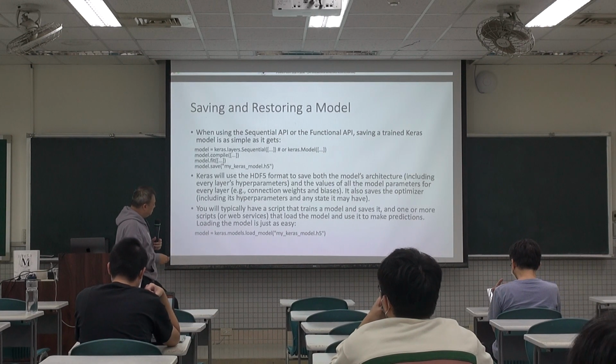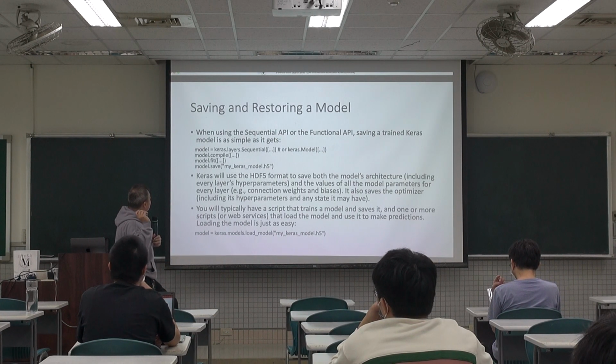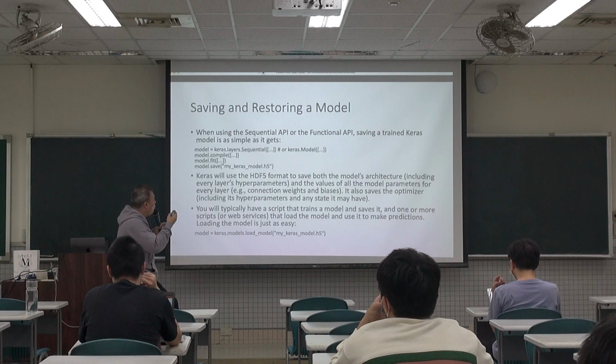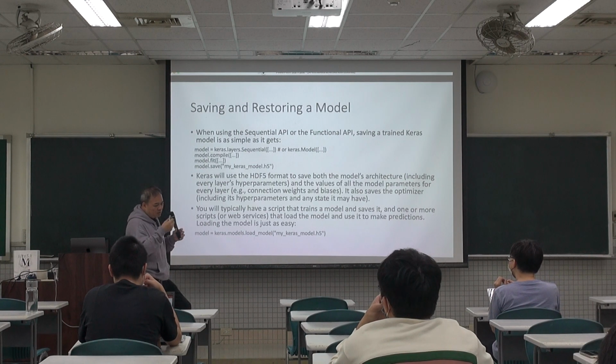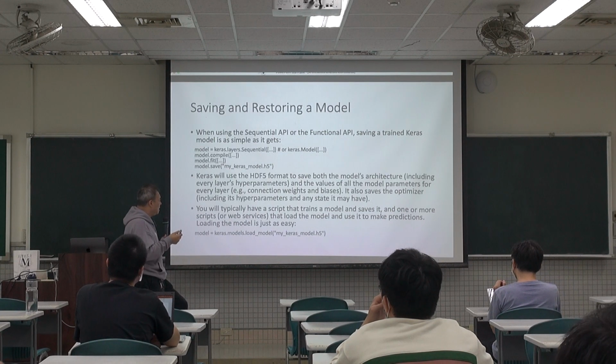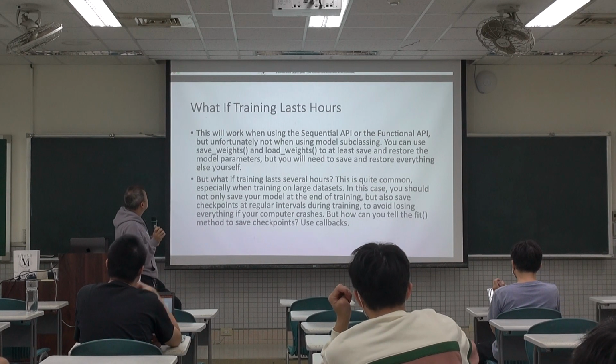So it is much more difficult to save and restore a model created by the subclassing API. That is another reason: if you are not using a dynamic model, you should not use the subclassing API.